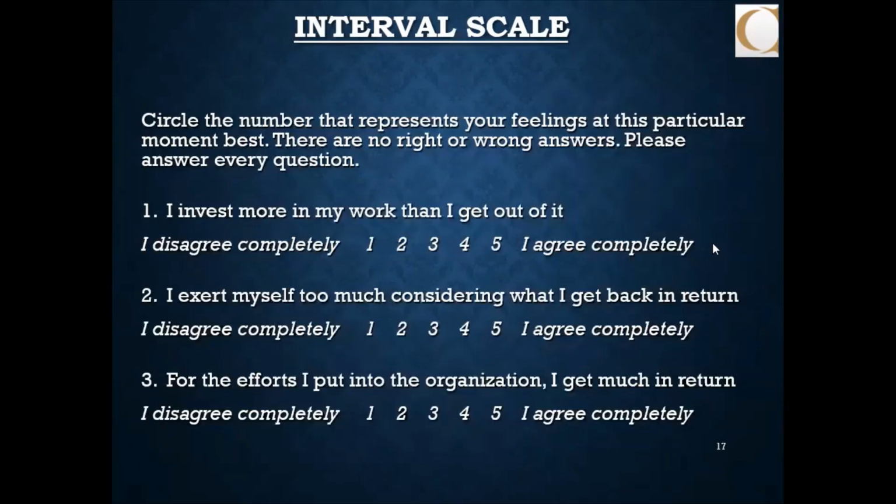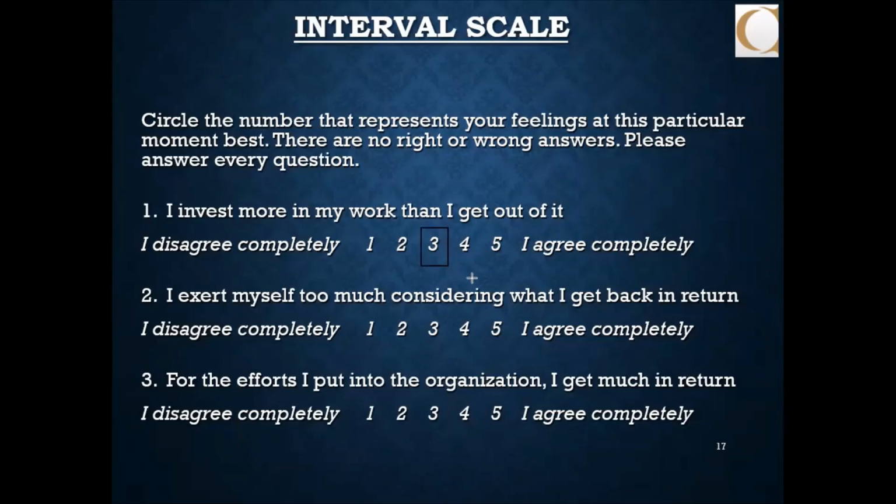So in this case, circle the number that represents your feelings at this particular moment best. There's no right or wrong answers. Please answer every question. So this would be an interval scale. So, I invest more in my work than I get out of it. I'd say about a 3, maybe.